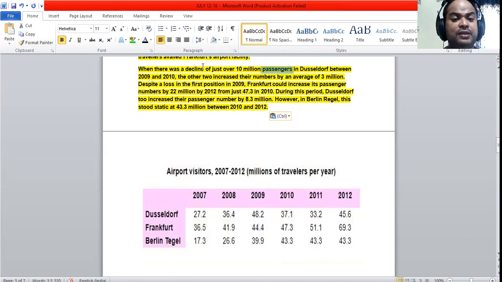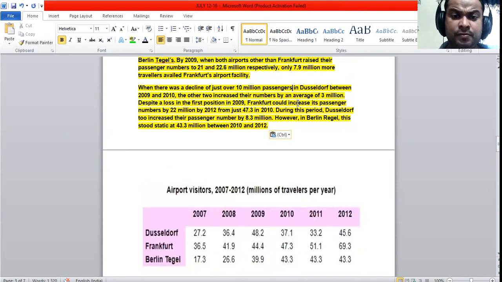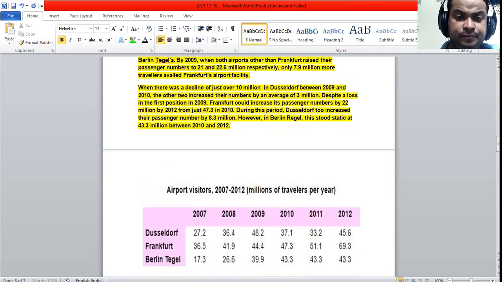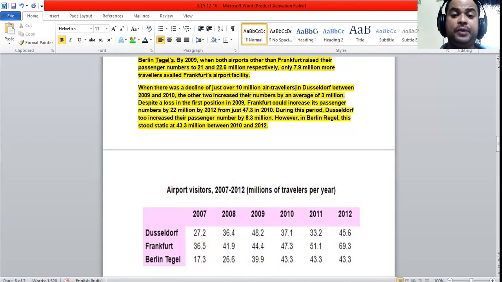If I go ahead with any of the words here, I can say when there's equal the number of just over air travelers.